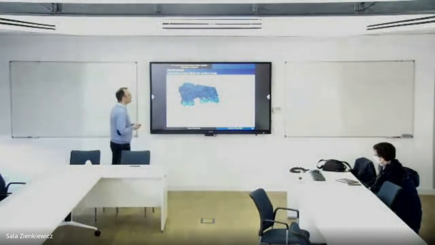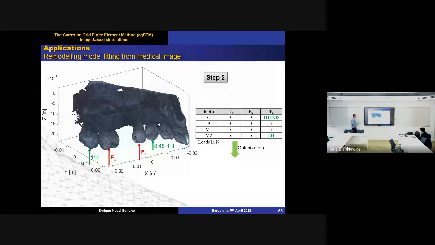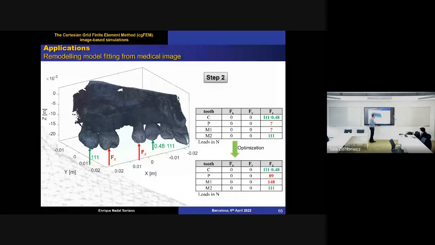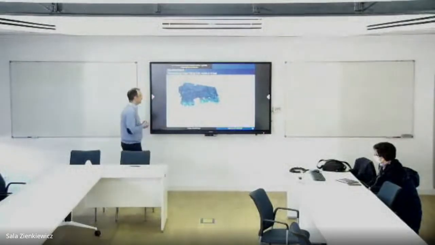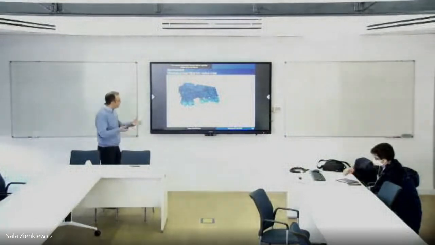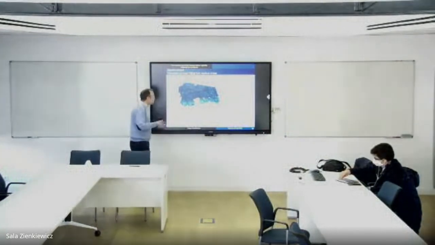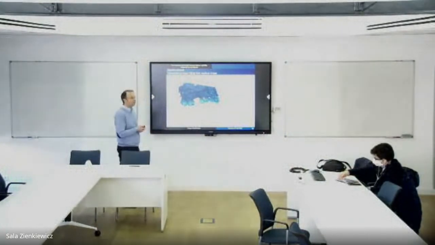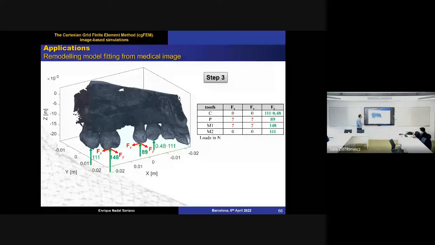So again, we launch the optimization process, and we obtain two other loads that, as you can observe, differ a bit from the previous ones, and it makes sense, because this tooth has less structural responsibility in the mastication process. Then we want to know if there are some horizontal loads, and this runs the third step of the optimization process, and we obtain the horizontal loads for this.